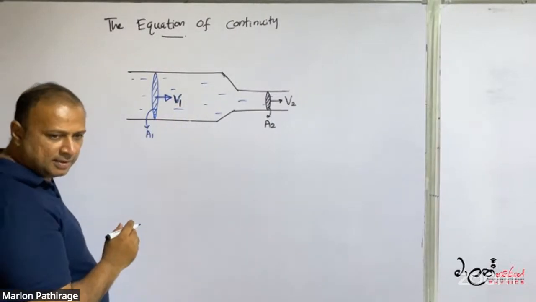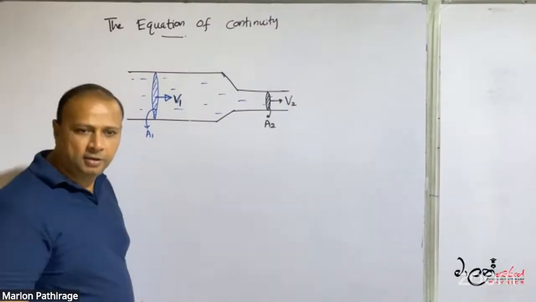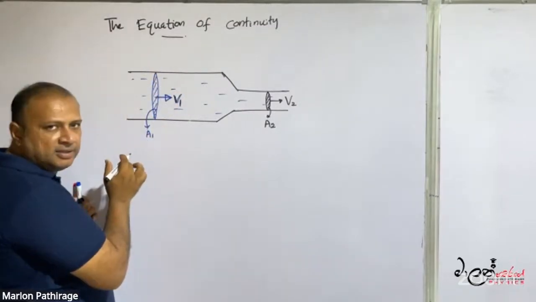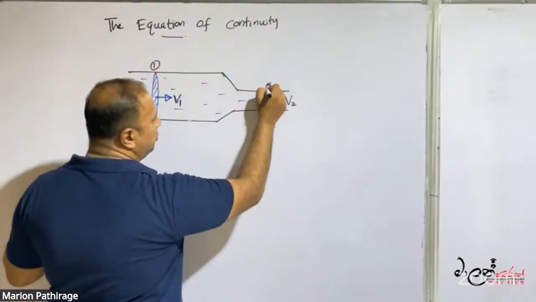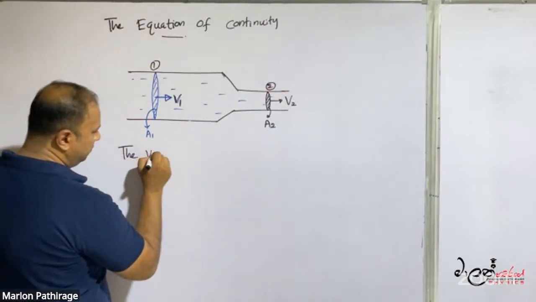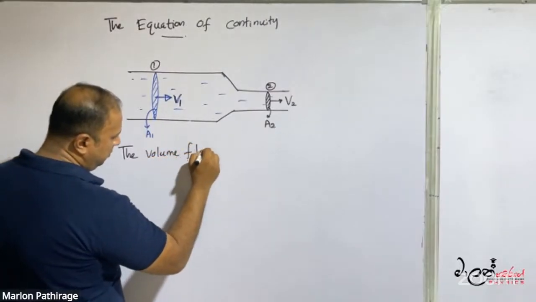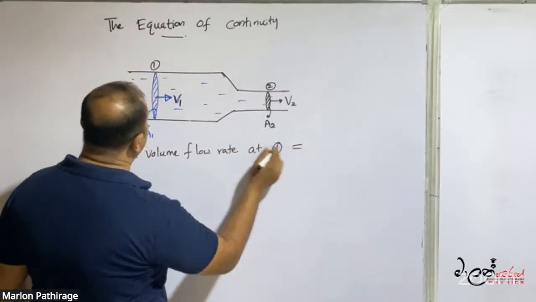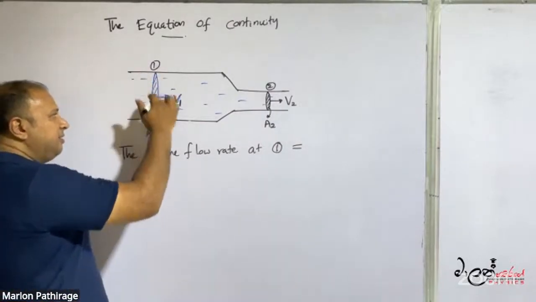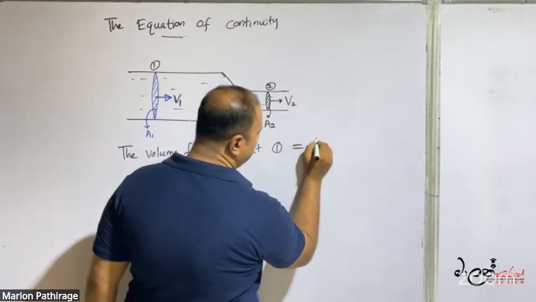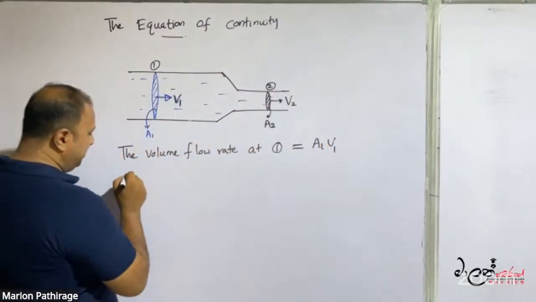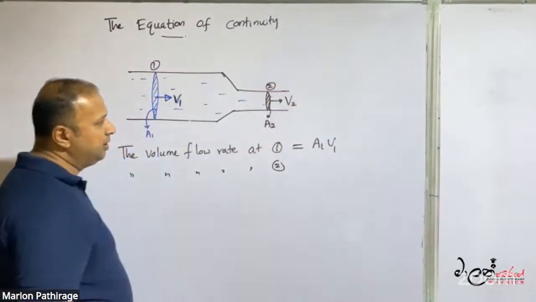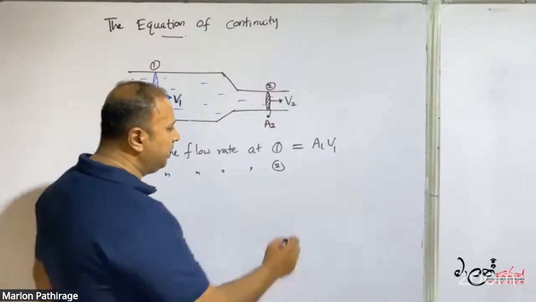So according to our previous knowledge, the volume flow rate at this cross section, suppose this one is 1, this one is 2, the volume flow rate at 1 should be equal to A1 V1, no? Then the volume flow rate at the second cross section should be equal to A2 V2.